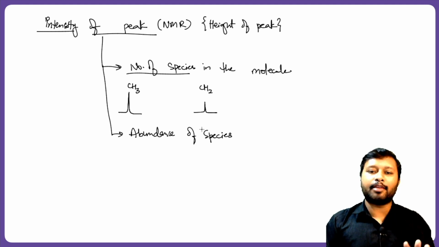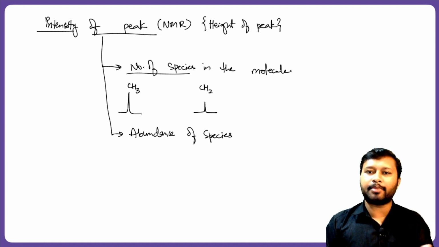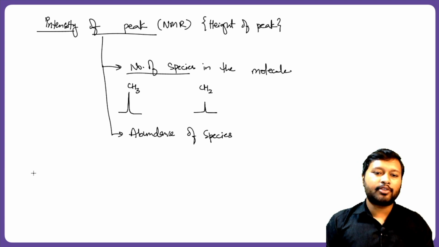Now the second thing is the abundance of the species. This generally does not come up in organic spectroscopy, but it does in inorganic spectroscopy. First, I'll explain this on the basis of mass spectrometry. In mass spectrometry, there are two peaks, M and M plus 2, in the case of, let's say, chlorine. We have two isotopes, chlorine 35 and chlorine 37.